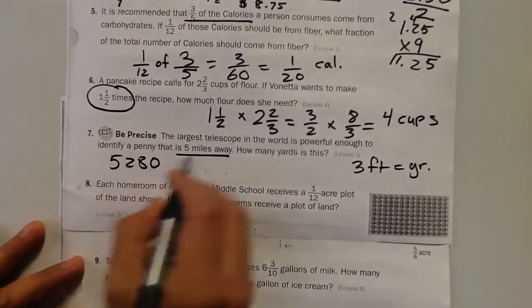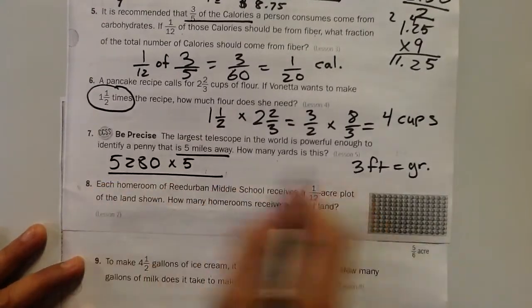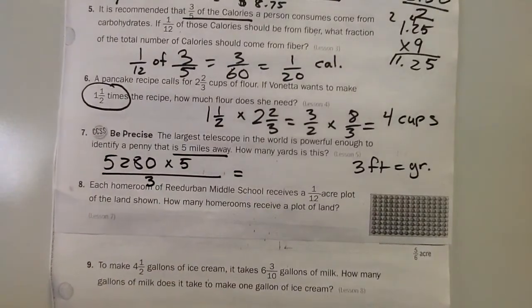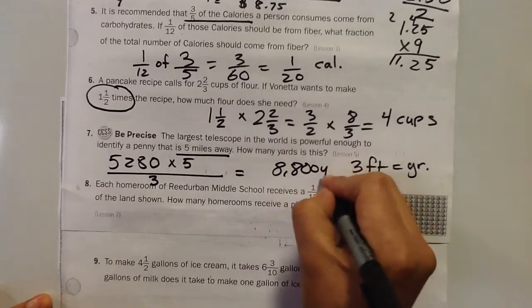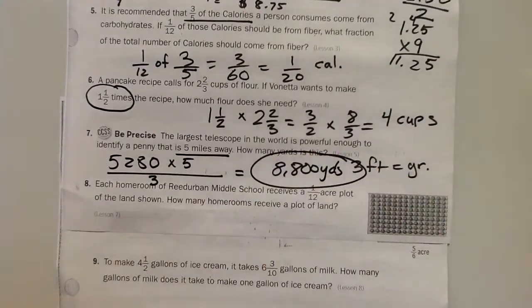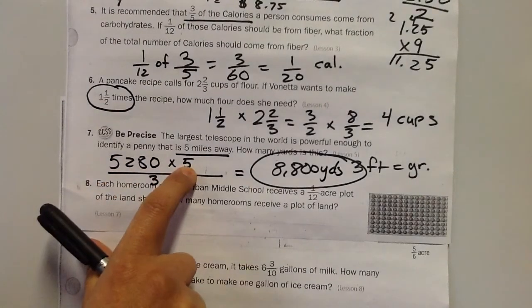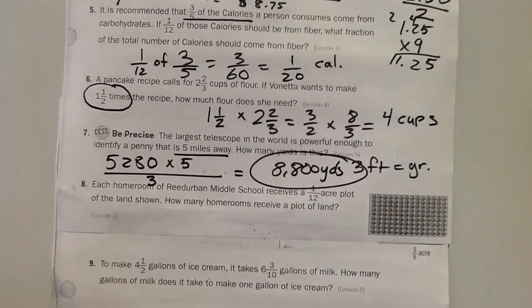So 1 mile, so we would need to multiply that by 5 miles and then divide it by 3 feet to get the yards, which is, yikes, 8,800 yards is my answer. All right, feet in miles times 5 miles, divide that by 3. Why? Because there's 3 feet in every yard. Next.